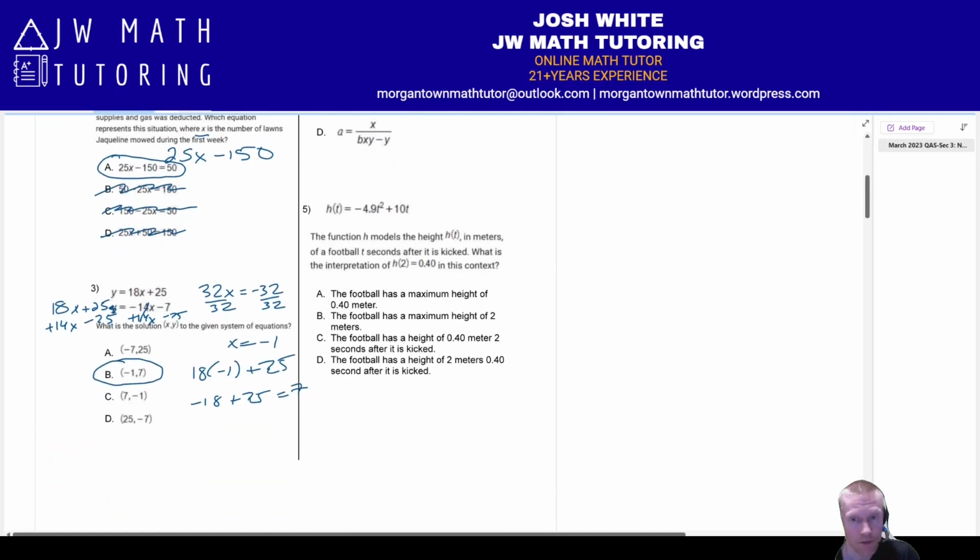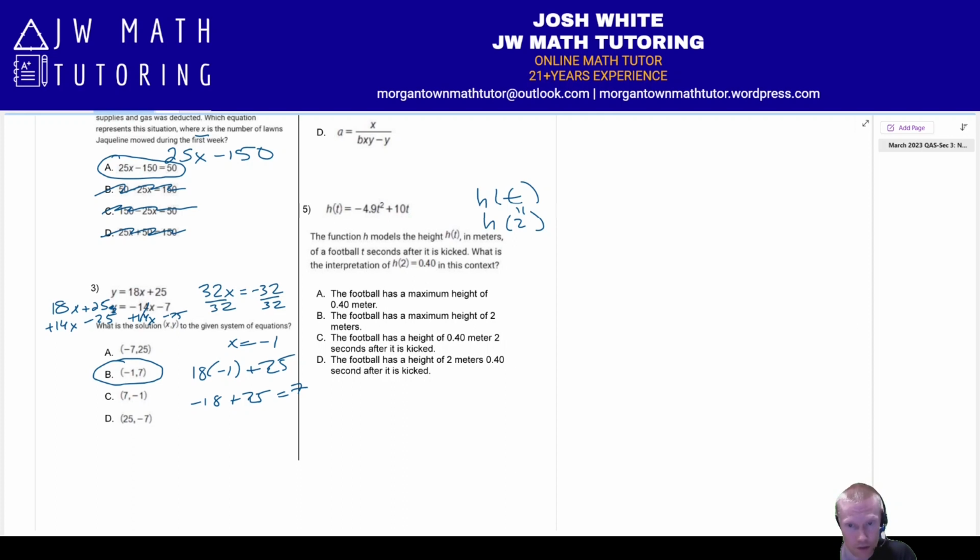All right, number 5, you are given a quadratic function here, and it basically says h of 2 equals 0.4, means what? So notice here, the function is h of t. So when we see h of 2, that means that t is equal to 2, or in other words, 2 represents a time or a number of seconds.